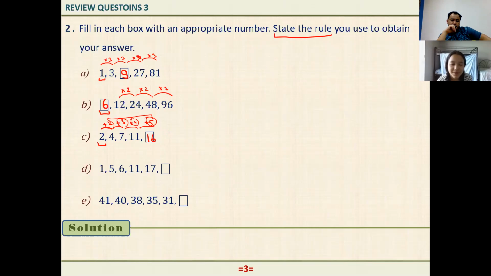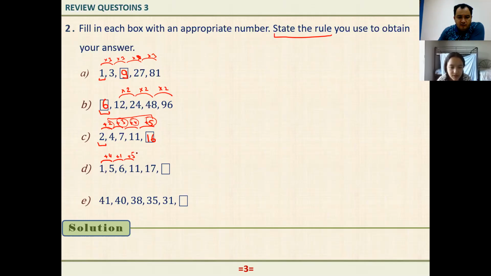I forgot the word. Preceding. Start off with 1. Add the last number to get the next one. So here it is plus 4. Here plus 1.